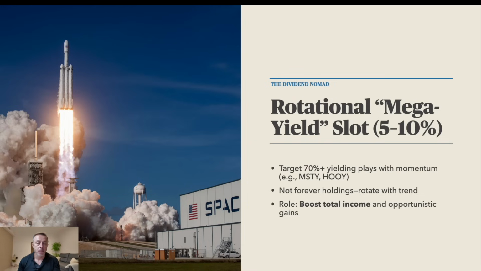And so the role of this rotational mega yield slot is to boost total income and give you some opportunistic gains, right? Like I said, I'm budgeting my lifestyle on the XETE and QDTE, and this right here provides a big boost to that. And when it does, I can use the extra money to do other things I want to do, or have a better quality of lifestyle, and use that money to grow the portfolio.